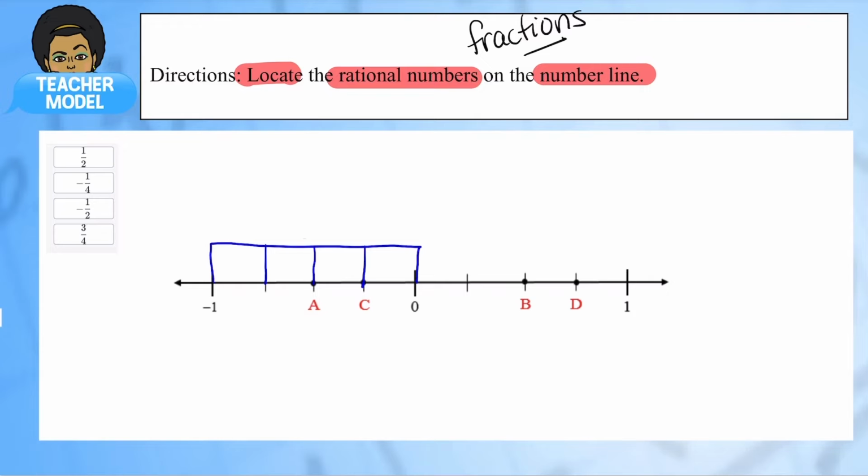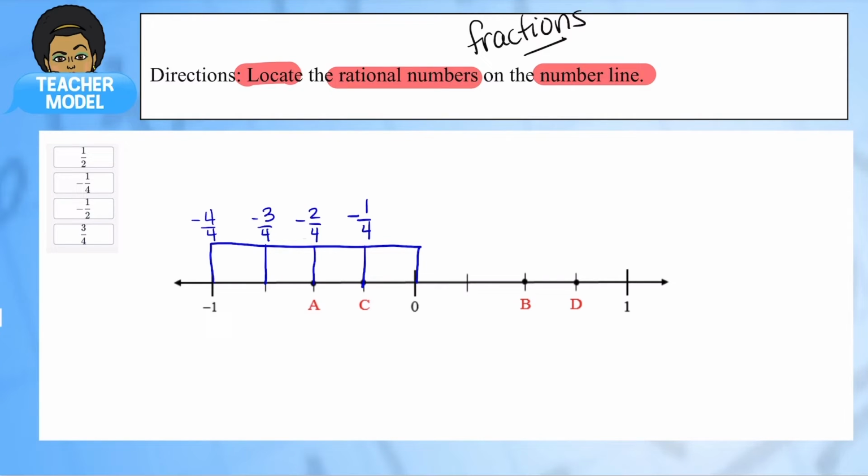Be very careful about where those numbers are, and it's at that line. So I'm going to write over here negative 1/4, and I'm counting by 1/4. So over here I have negative 2/4, negative 3/4, and negative 4/4.